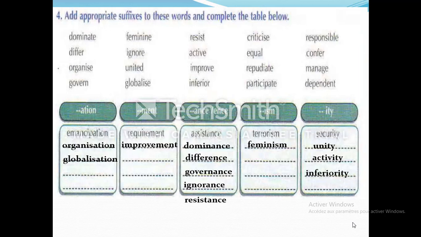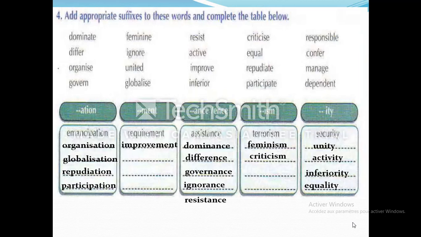Next, criticize, criticism. Good. Next is equal, equality. Good. Next is repudiate, repudiation. Next is participate. I think it's very easy for you. It is participation.